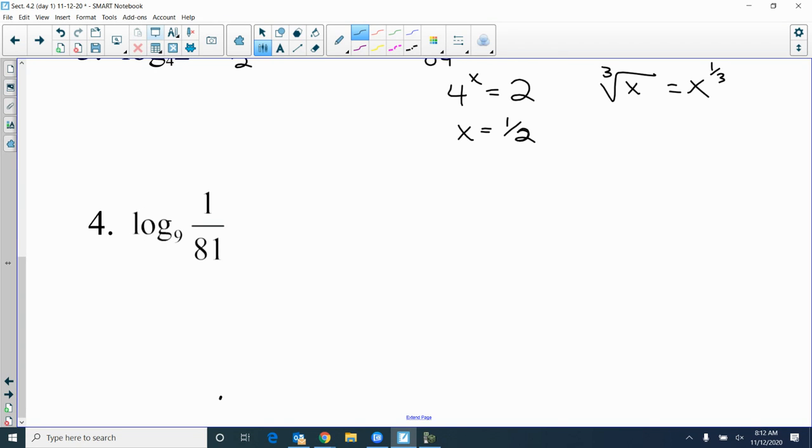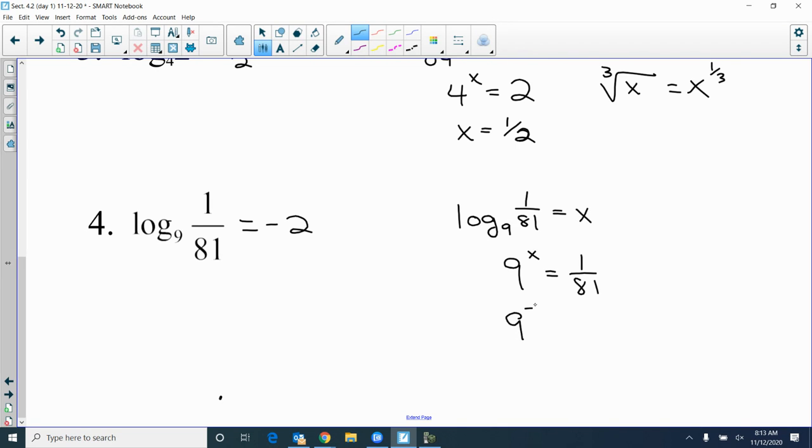So I got log base 9 of 1 over 81 equals some exponent. 9 to what power equals 1 over 81? That's what we're saying. Well, 9 to the first is 9. 9 squared is 81. But we want 1 over 81. So Alex, you know what x is? -2. -2. Because 9 to the negative second power.